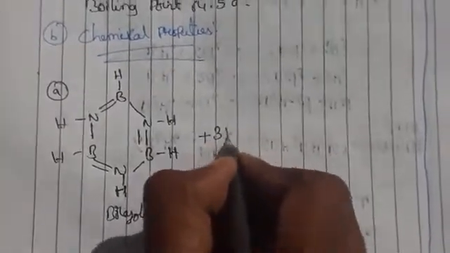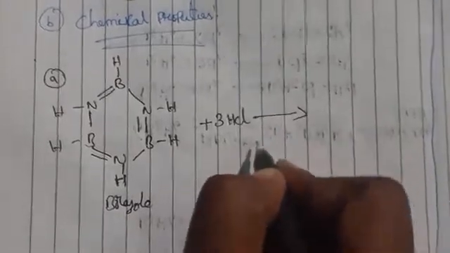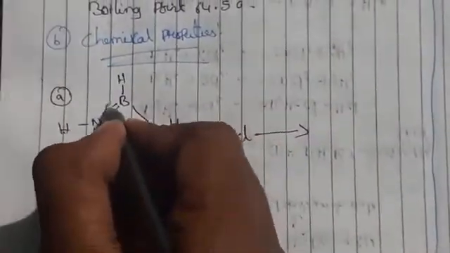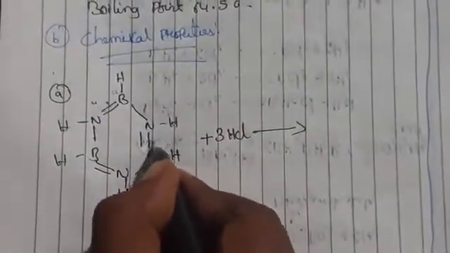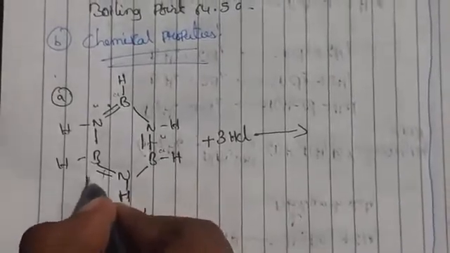What is the first property? This is treated with 3 moles of HCl. When treated with 3 moles of HCl, observe clearly, we are breaking the bonds here. Here H and here Cl. Here one more bond broken, H and Cl. Here again, H and Cl.